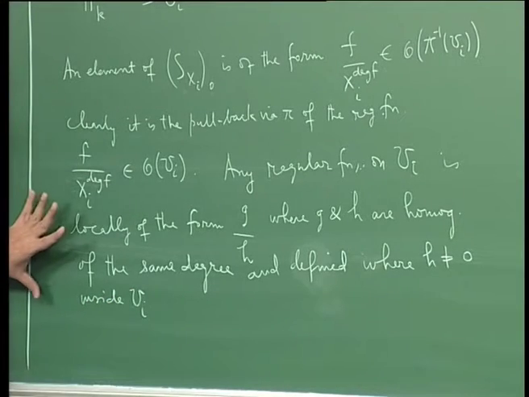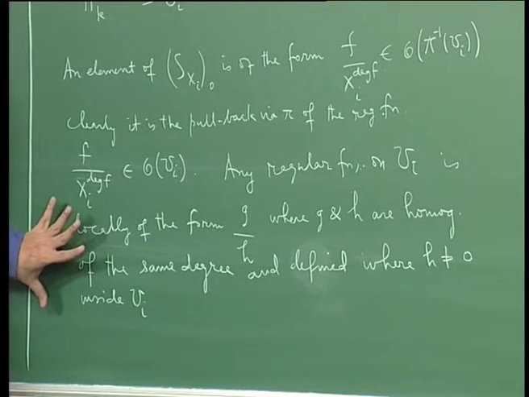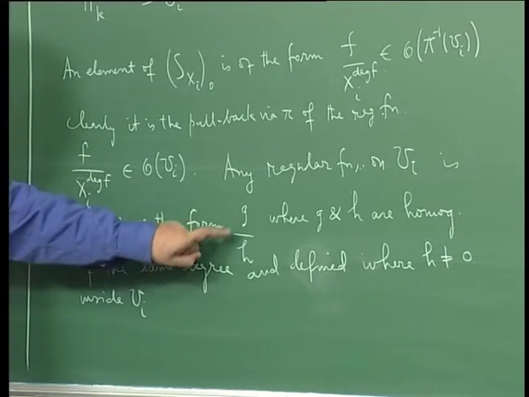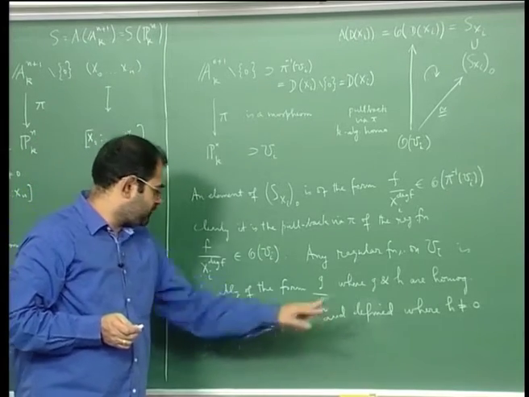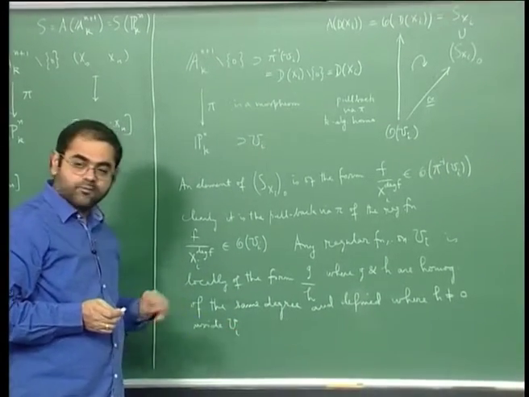This is how any regular function on Ui looks. Locally it is of the form quotient of two homogeneous polynomials of the same degree, and it is defined where h is not 0 and it is inside Ui.